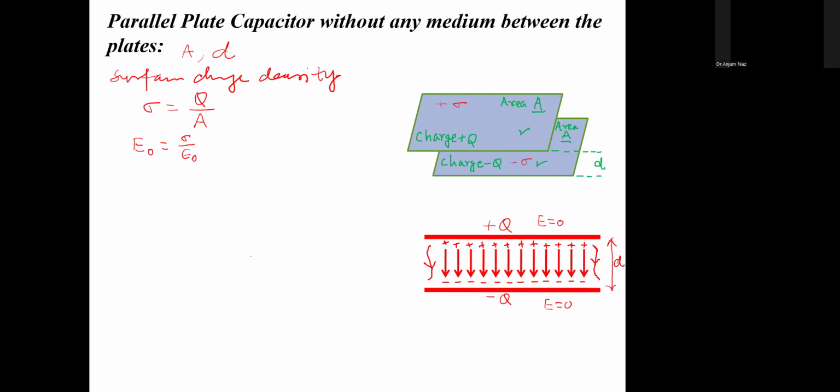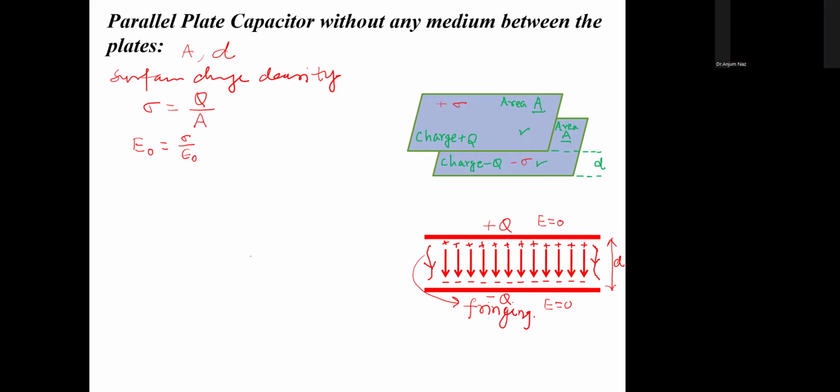Now if the separation between the plates is small in comparison to the dimensions of the plate, then the electric field between the plates is uniform, with some deviation from uniformity at the edges. That is, the field lines between the plates are parallel and equi-spaced, showing uniform electric field, with some distorted lines at the edges.